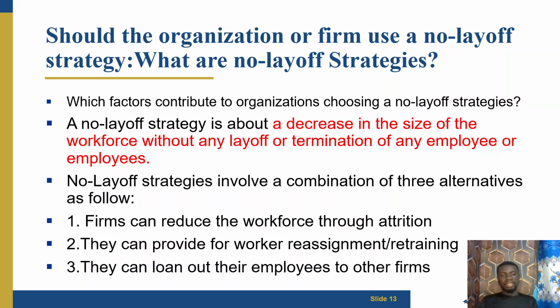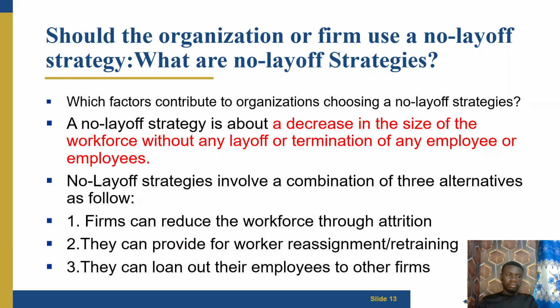The first one is firms can reduce the workforce through attrition. So attrition has to do with natural exit of employees. Okay, natural exit of employees, when employees leave the organization by retiring, or when they take transfers, or when they quit.